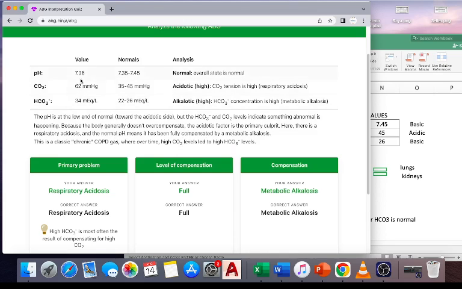The others are not yet normal, but there was a successful compensation to bring back the pH to the normal level, because of the metabolic alkalosis.